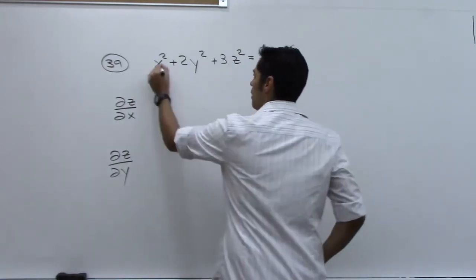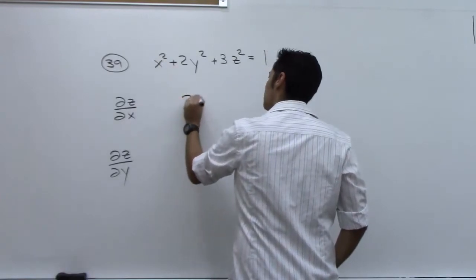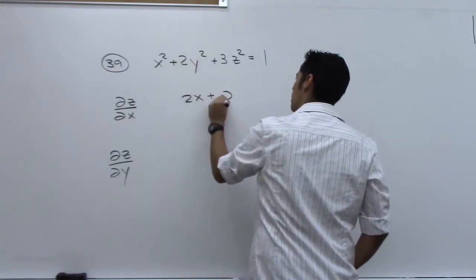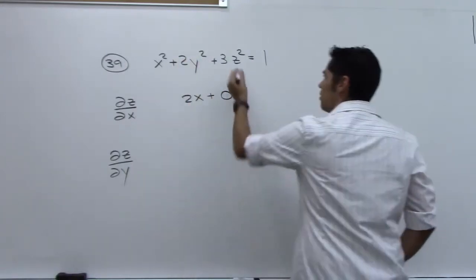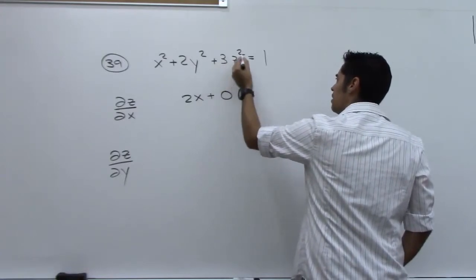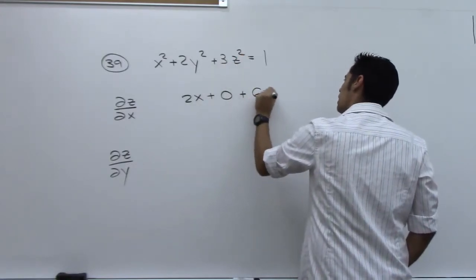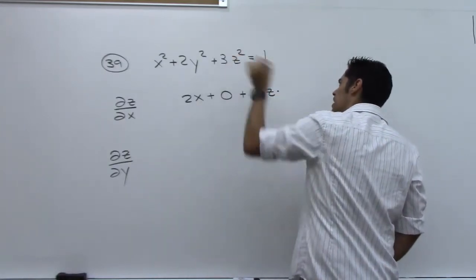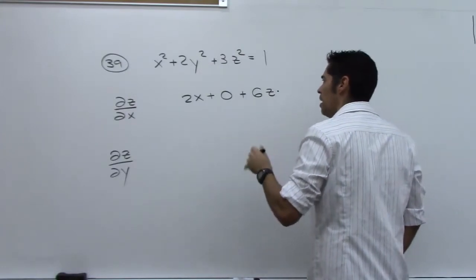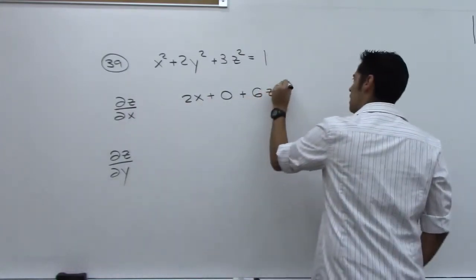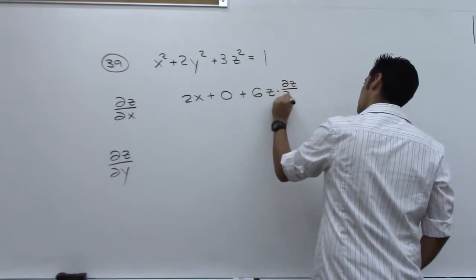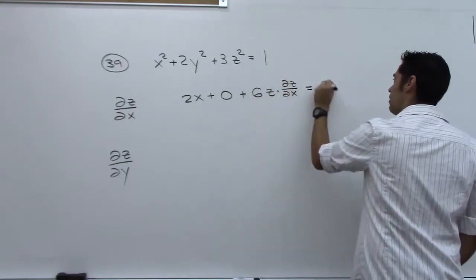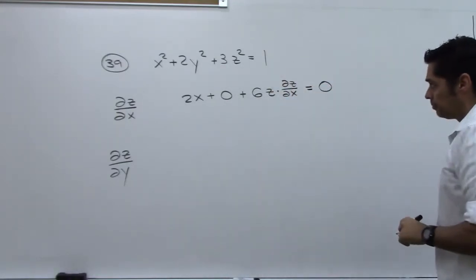So when I do this, the derivative of x squared will be 2x, plus the derivative of 2y squared, since y is a constant, is going to be 0, plus the derivative of 3z squared. 2 comes out, so 6z, but here's the difference, times the chain rule, the derivative of z itself. The derivative of z with respect to x is the partial of z with respect to x. And that's it for the left side. The derivative of the right side, a constant, is 0.